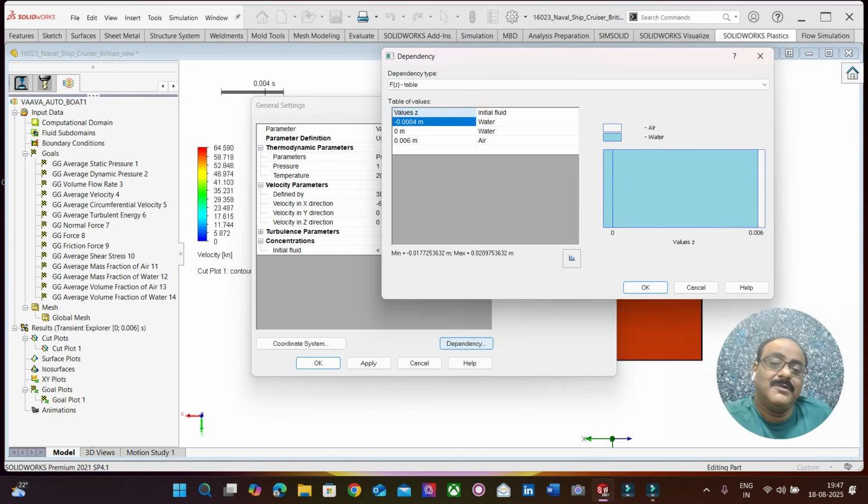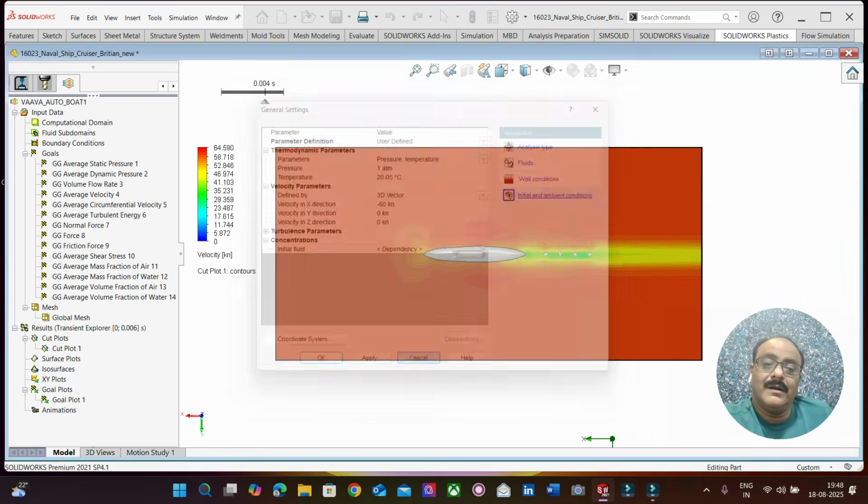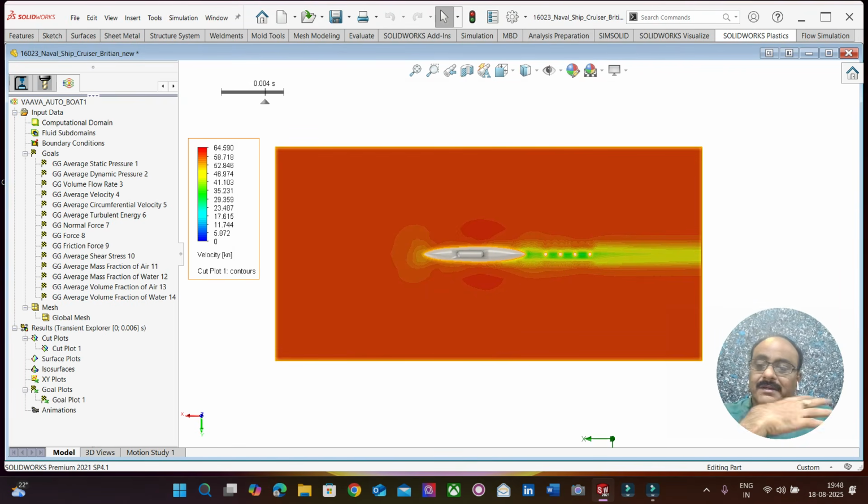So I am defining that particular system: at minus 0.0004 meters there is water, at 0 meter it is water, and at 0.006 meter it is air. This is the geometrical definition of what you see there in the geometry. Now that I have defined that, I am going to run the simulation, and after so many iterations, I have defined the goal, the objective.